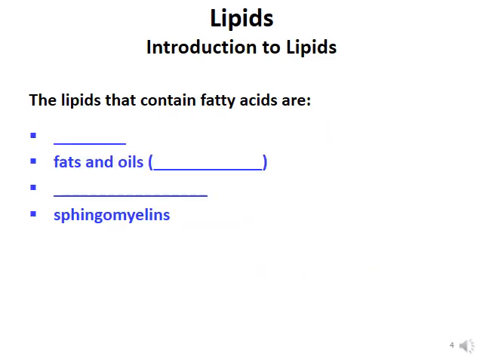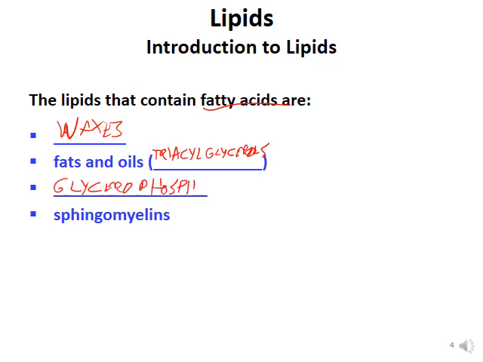So let's first talk about the fatty acids. They include waxes, fats and oils, which are also called triacylglycerols, glycerol, phospholipids, and sphingomyelins.